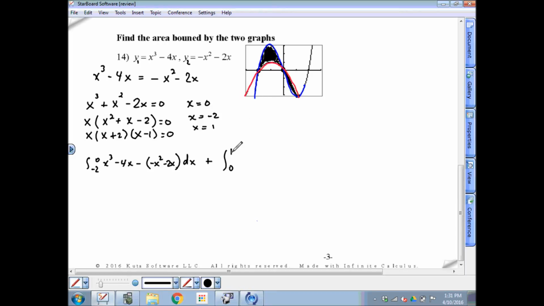So choose a value between 0 and 1, like 1/2. 1/2 to the third power is 1/8, minus 4 times 1/2, so it's minus 2. Here, in this one, if we plug in 1/2, 1/2 squared is 1/4, times negative is negative 1/4, minus 2 times 1/2, so that's minus 1.